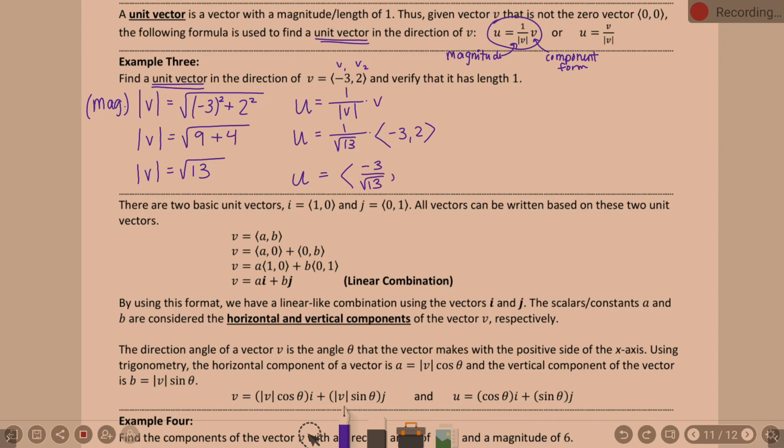So the first component is -3 over square root of 13. Second component, 1 times 2 goes on top. Square root of 13 times 1 goes on bottom, which is square root of 13. And you have your unit vector.